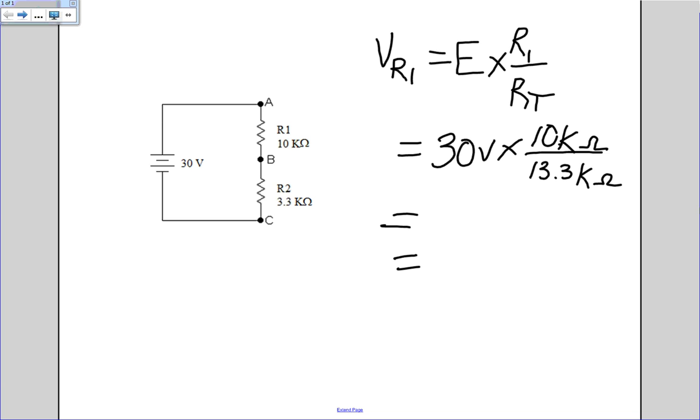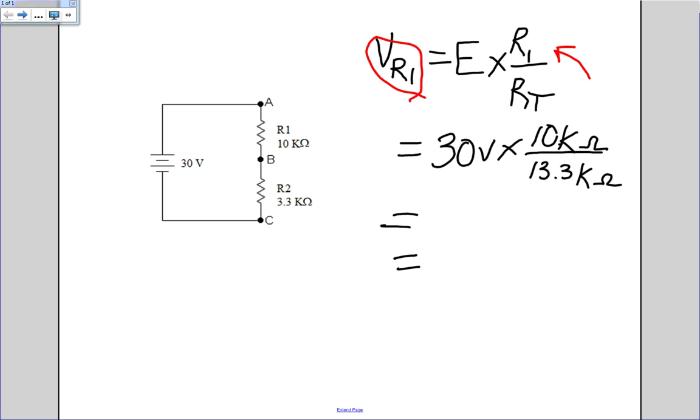When you look at the formula up top here, all we're going to do is look at the single resistor, resistor 1 in this case, and compare it to the resistance total. That will give us a percentage. Whatever percentage resistor 1 is of the resistance total, voltage R1 will have that exact same percentage.